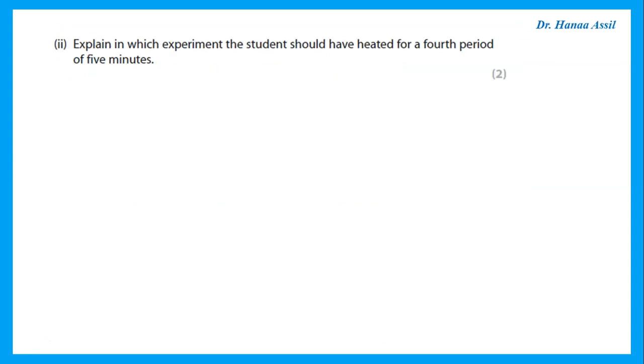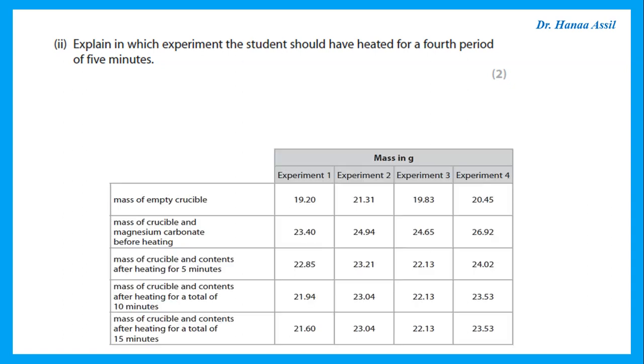Explain in which experiment the student should have heated for a 4th period of 5 minutes. So for each experiment, experiment 1, experiment 2, experiment 3, experiment 4, we should keep heating until what? We said until the mass does not change.